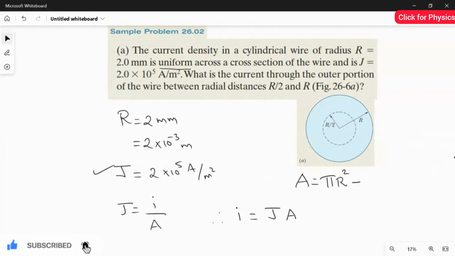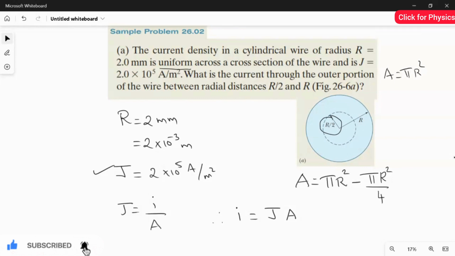So outer minus inner. So what is the inner? Pi in place of r square, because the area formula is pi r square. So I have to substitute r over 2 for this radius. So if you substitute r over 2 for this radius, what you will get? You will get r square over 4, because you have to square completely.